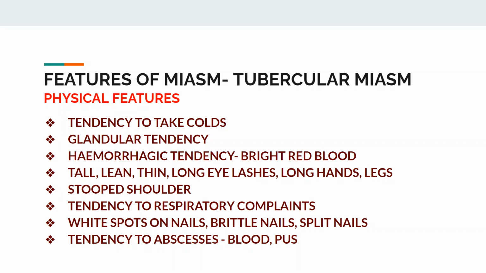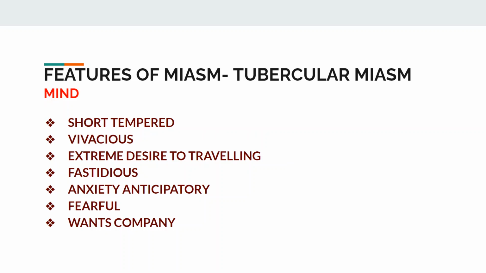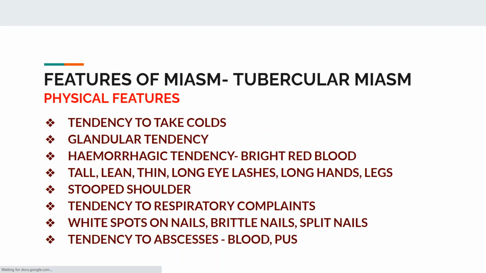So we study tubercular miasm the way we study any remedy, a very deep acting constitutional remedy in homeopathic materia medica. In a similar way we want to study the miasm also. We saw the causations, then the mental symptoms, and then the physical features of tubercular miasm.